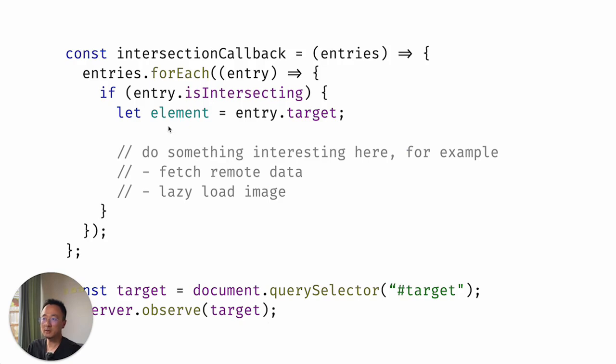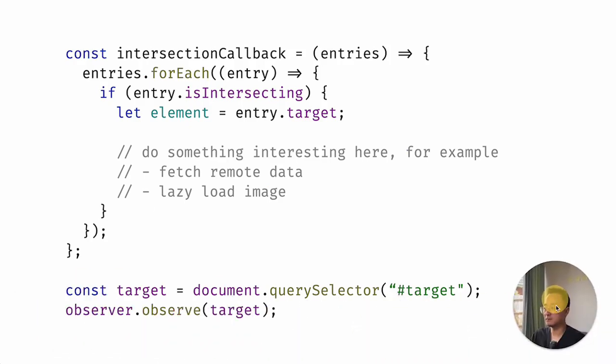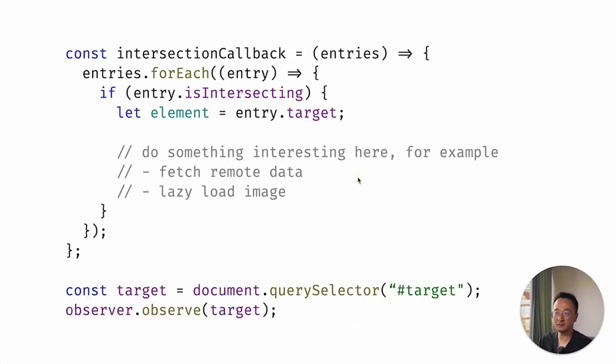Let's talk about the next step, when you have the intersection object: the intersection callback. The callback accepts an entries list, which are the elements that are intersecting with the root. For all the entries, you can check if it's intersecting at the moment.